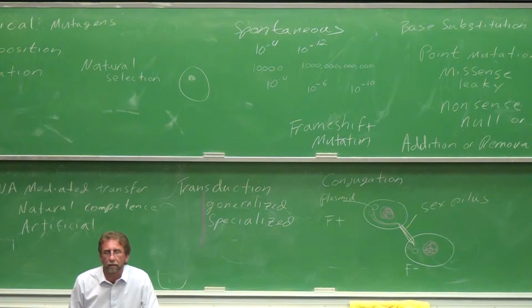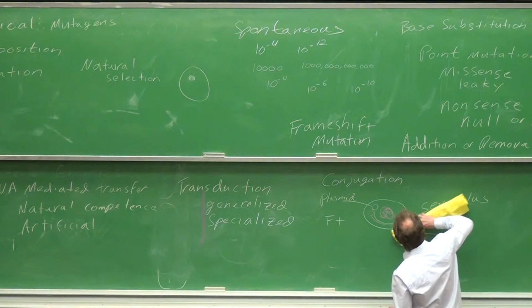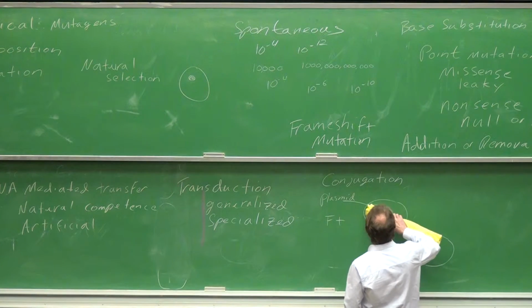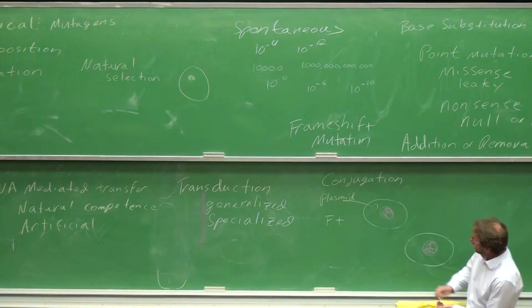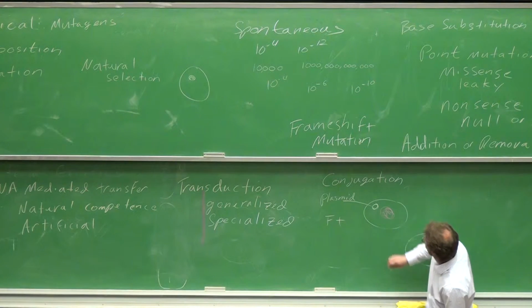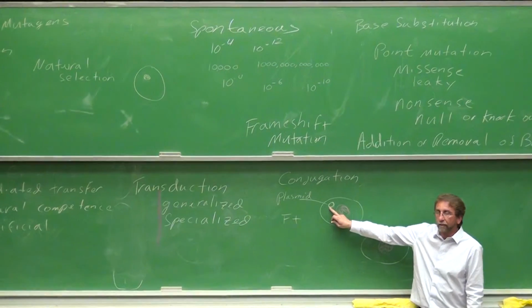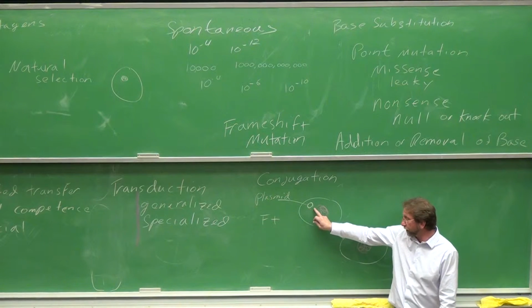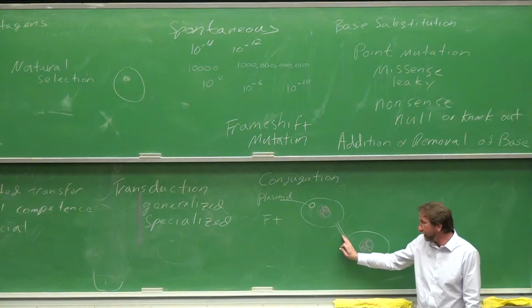Can you explain one more time how the F plus cell, F minus cell? Okay, so this is an F plus cell because it has the plasmid. This is an F minus cell because it lacks the plasmid. The genes of this plasmid code for the sex pilus, so it codes for this. And also the genes code for the enzymes that allow for the plasmid to be copied and to be transmitted.